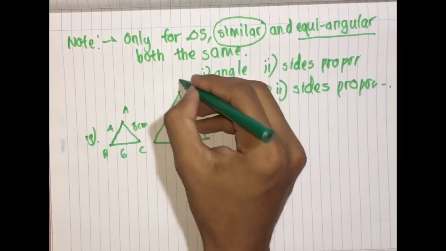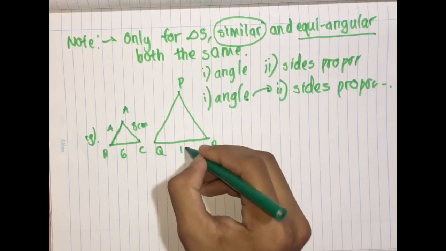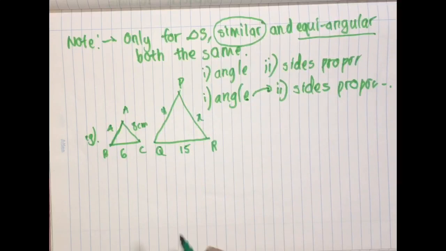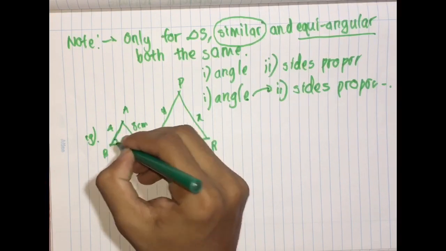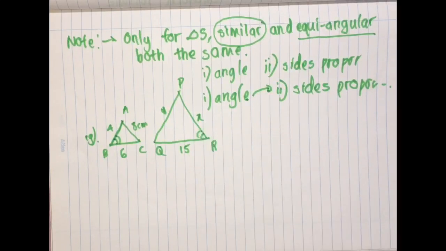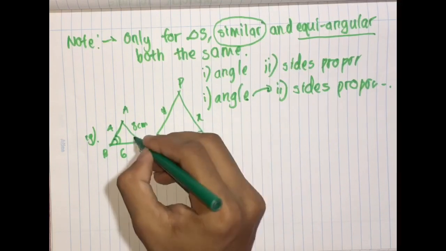On the other side I have, let's say, PQR. This is equal to 15. This is X and Y. Now you have to find X and Y. Also they have marked some angles equal: this angle with the double line is equal to this angle. Also, this angle is equal to this angle.